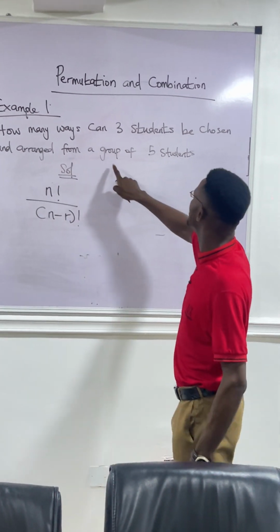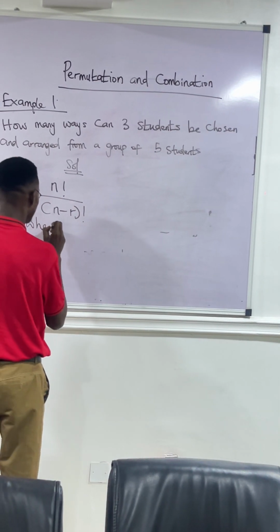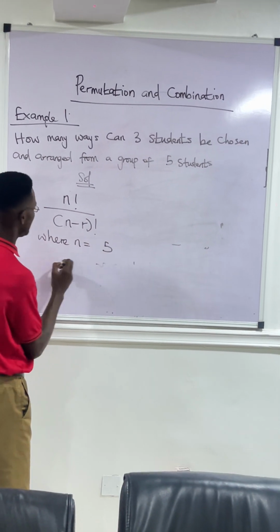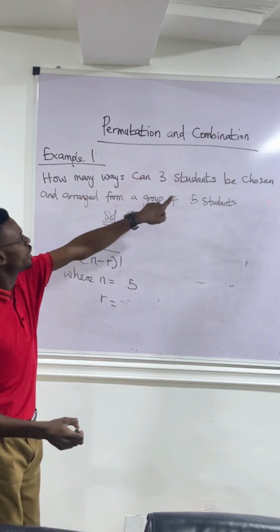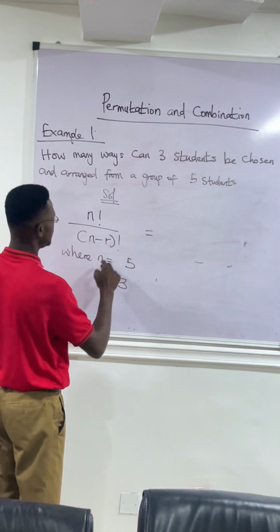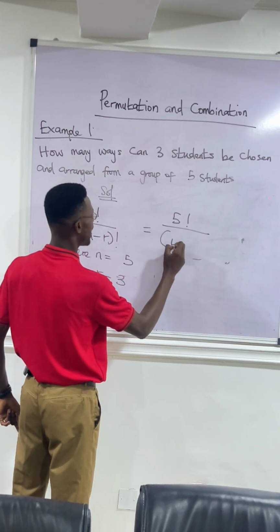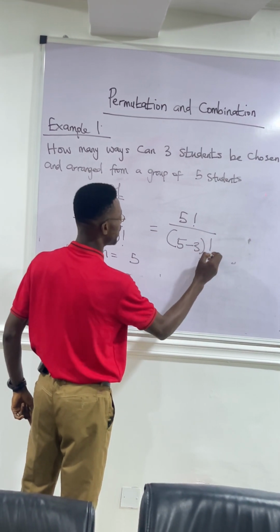Now in this case, the group of students is 5. That means that my n is equal to 5, and then the number to be chosen is 3. So my r is equal to 3. So that means I have 5 factorial over 5 minus 3 factorial.